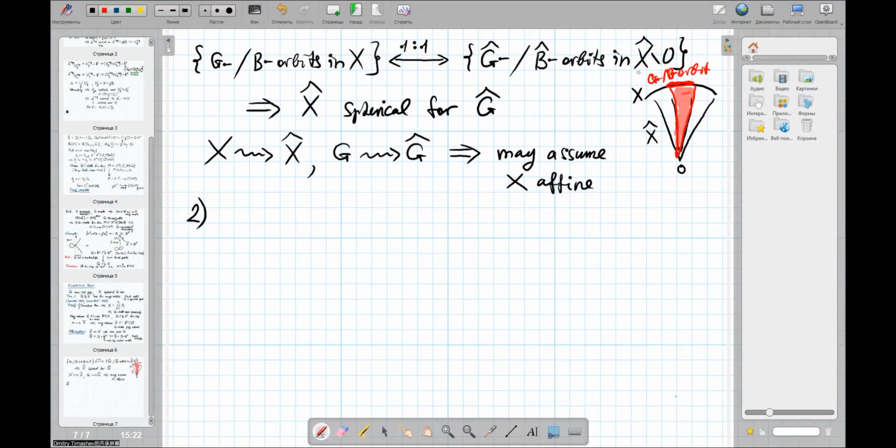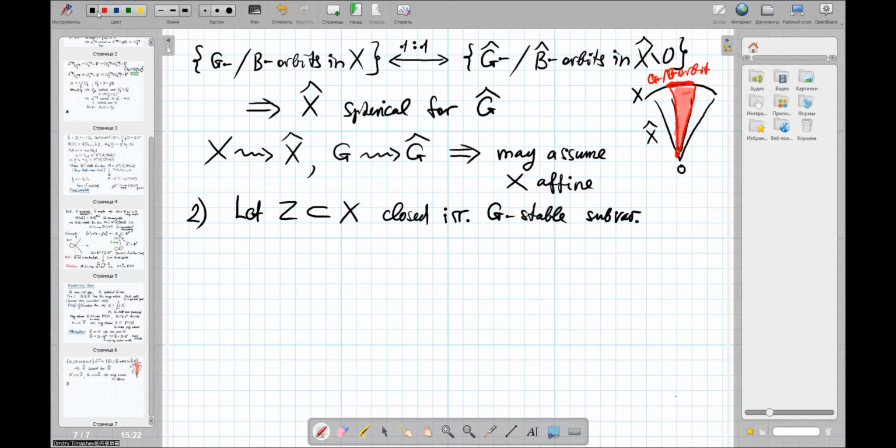Okay. So now let me turn to the second part of the proof, which will be the end of the proof. And to prove that, let me prove that the theorem holds for affine spherical varieties. So let Z be any closed irreducible G-stable subvariety in X. Okay?